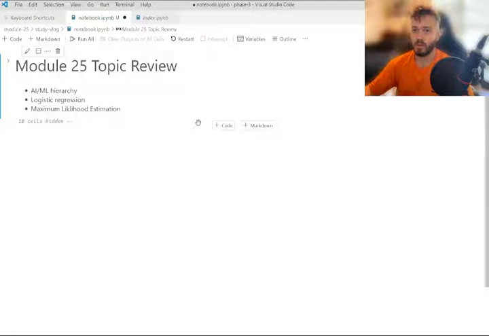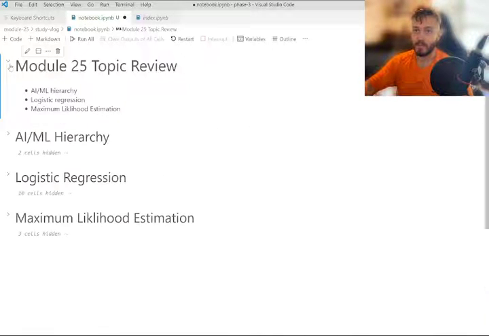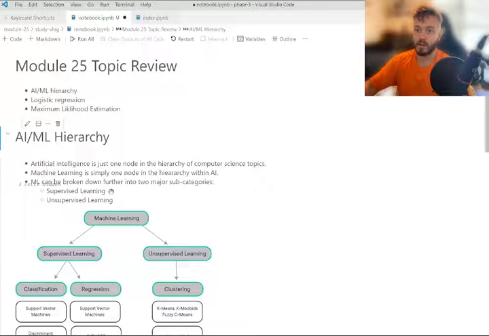And we'll discuss maximum likelihood estimation and the kind of concerns that you need to have regarding that when dealing with particularly binomial data, which is the type of data that we're going to use for logistic regression. So let's talk about AI versus ML and the whole hierarchy there.